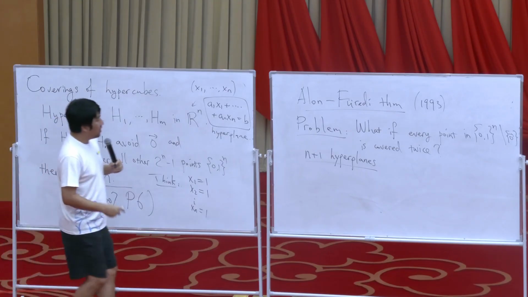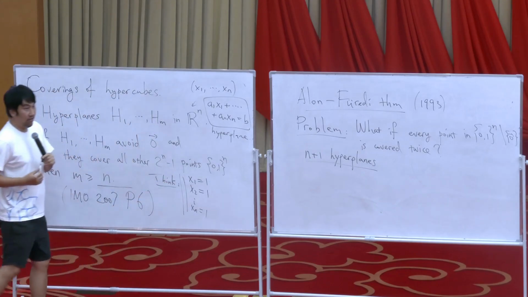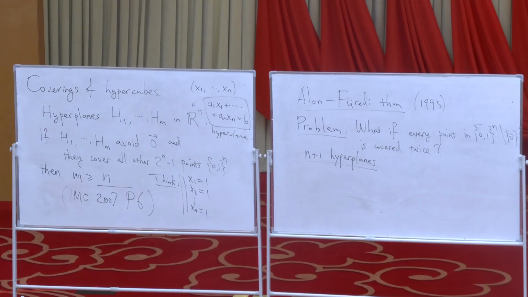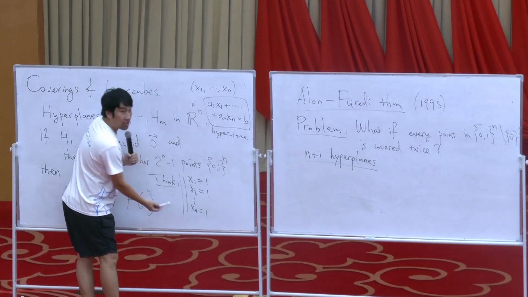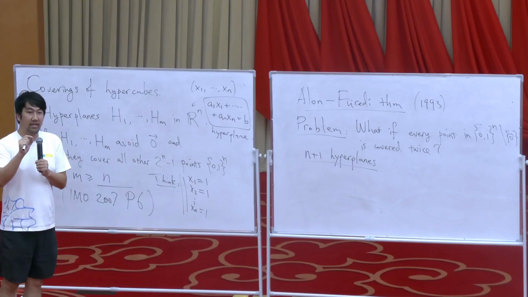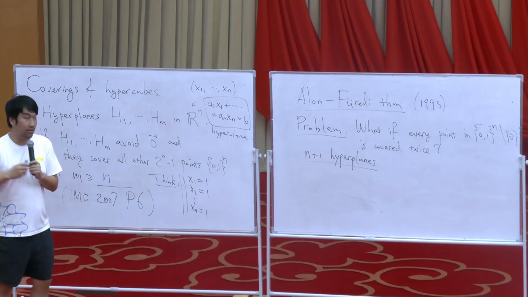Okay, that's good, right? So you see that when we look at these hyperplanes, for example, the point 1, 1, 0, 0, 0, 0, 0, this point is already covered twice by all of these hyperplanes, right? It's covered by x1 equals 1 once, and x2 equals 1 once, okay? So the only points that are not covered twice by this construction is the point where there's exactly one 1 in the coordinates. So for example, like 1, 0, 0, 0, okay?